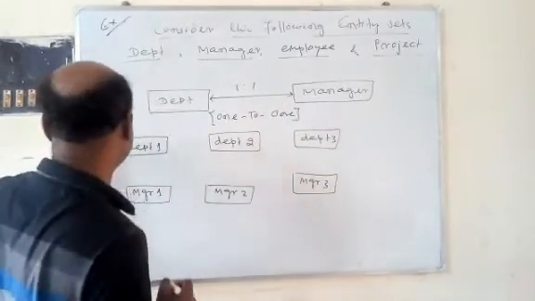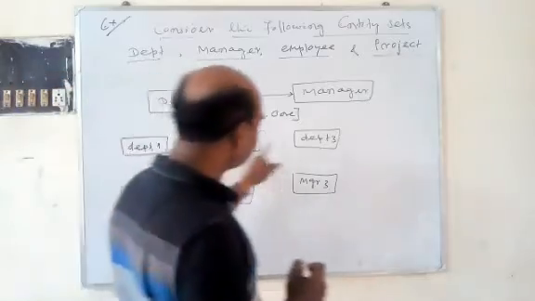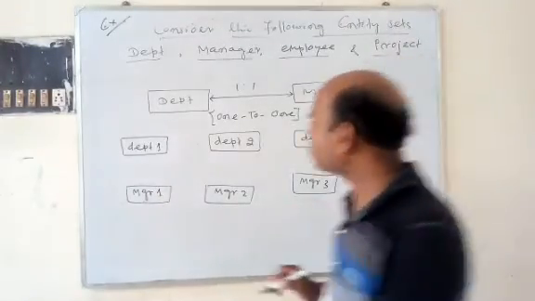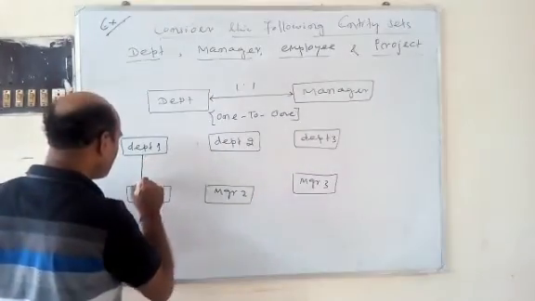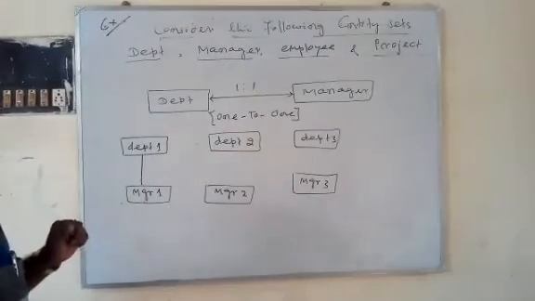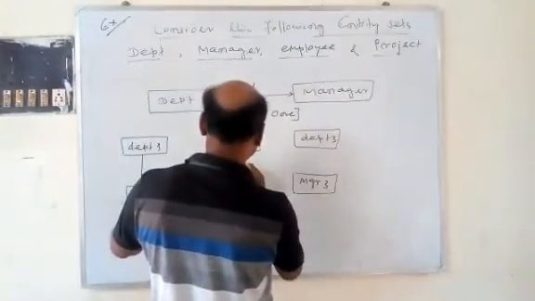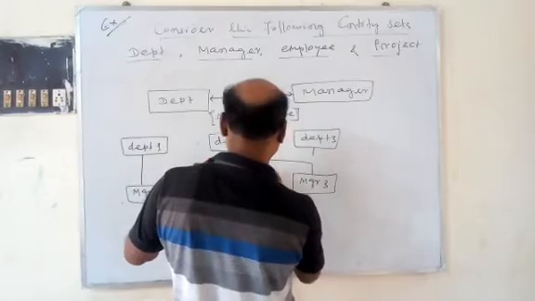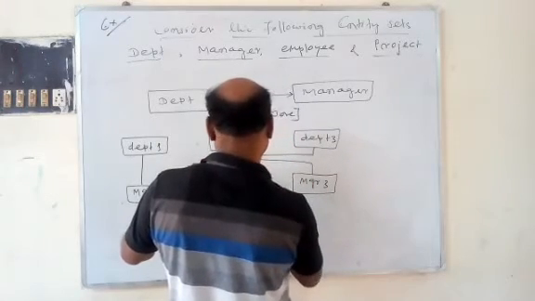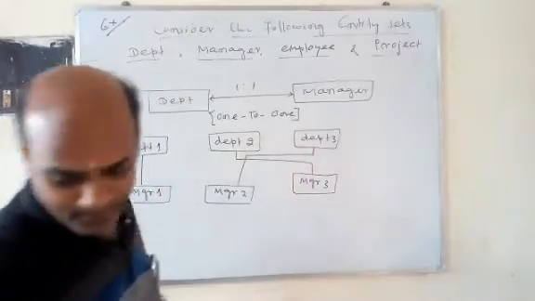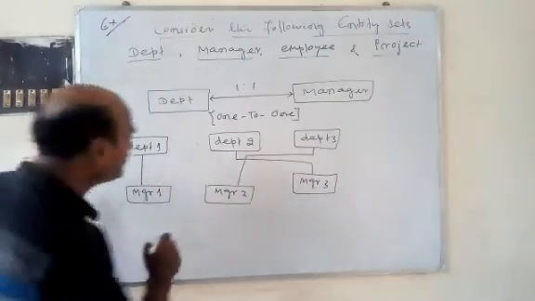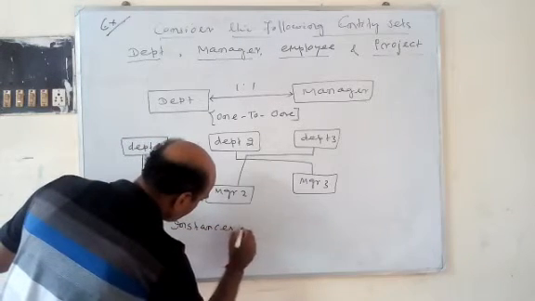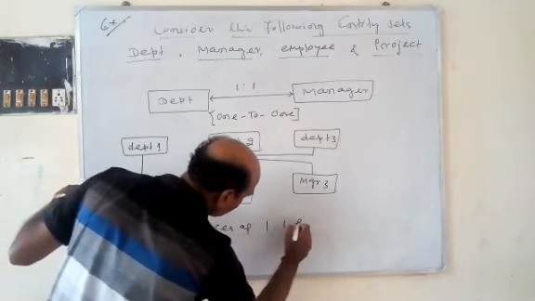These are the instances. So in this example, we are considering three departments and three managers. Suppose manager 1 is working in department 1, manager 3 is working in department 2, and manager 2 is working in department 3. These are the instances of a one-to-one relationship.